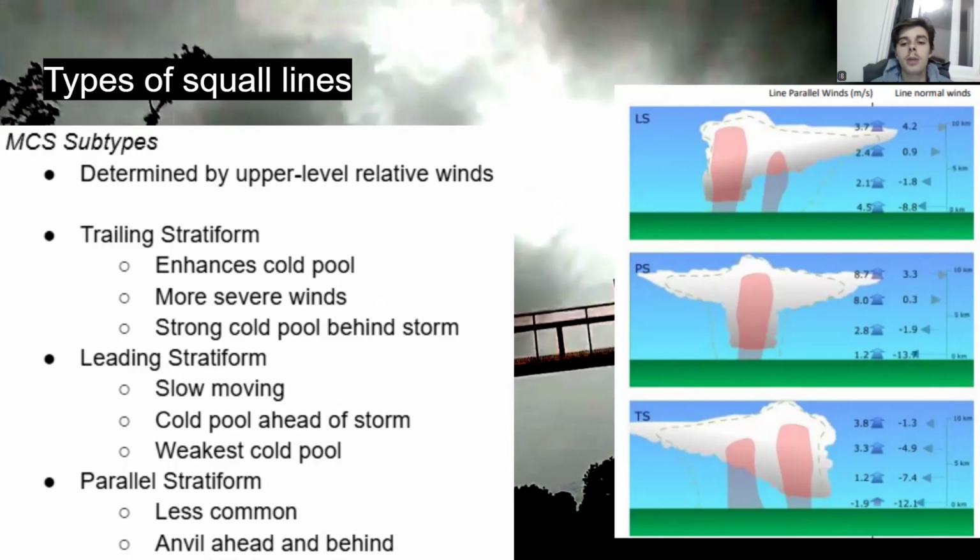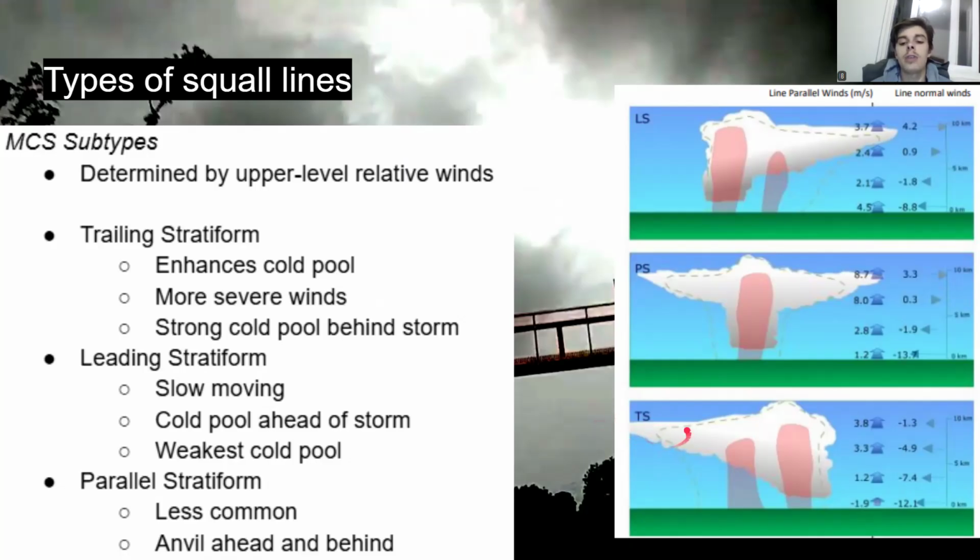So the first one we'll talk about is trailing stratiform, this bottom image right here that says TS. Now, what's the deal? What does this mean? Well, we have the strong cold pool behind the storm and stratiform precipitation behind the storm, trailing behind it. So, also, that's where the anvil is.